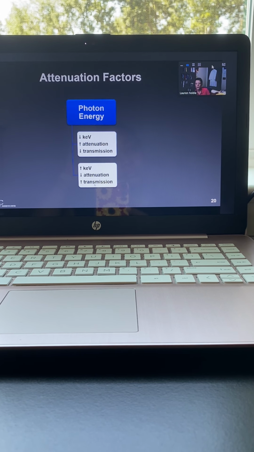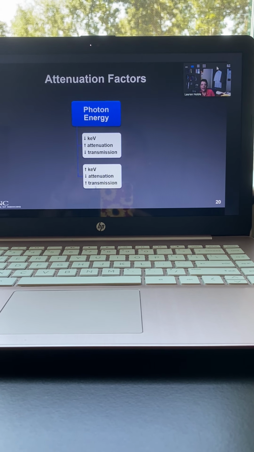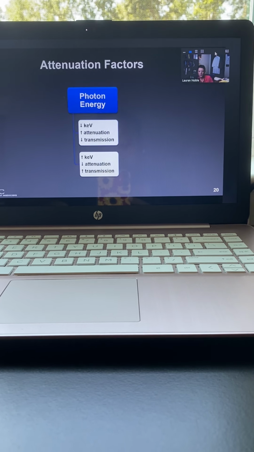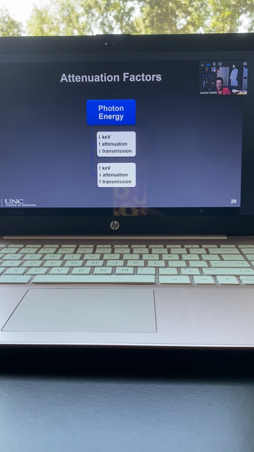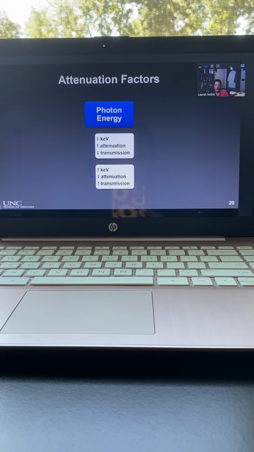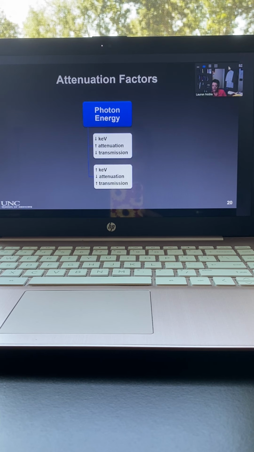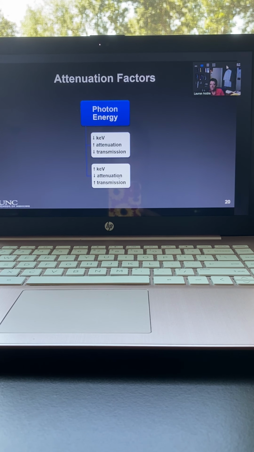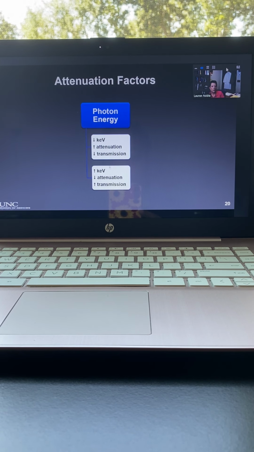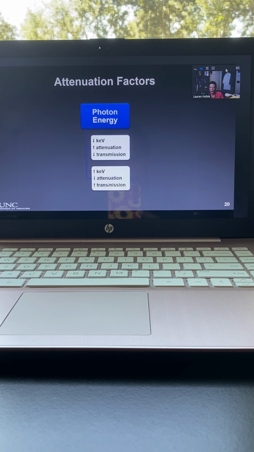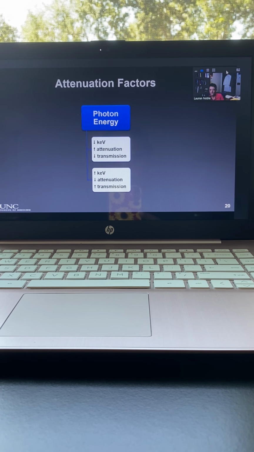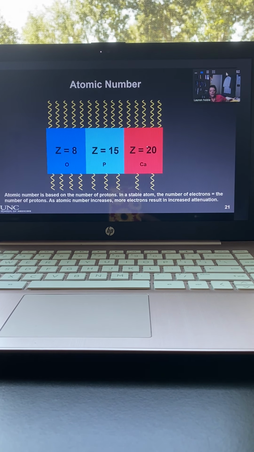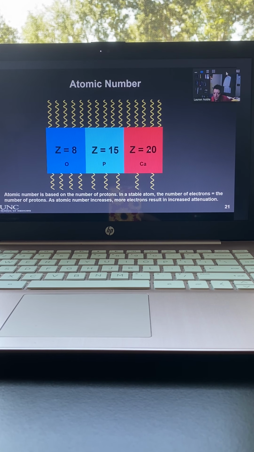So a greater chance for transmission to happen as the keV of the photon is higher. Right? So less likely to undergo interactions at a higher keV. Much more likely to make it through without hitting any atoms at all when it has high energy. Okay. So you okay with those attenuation factors? All right.